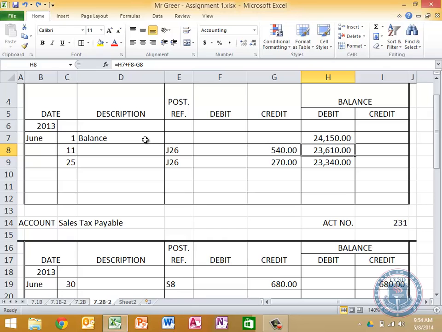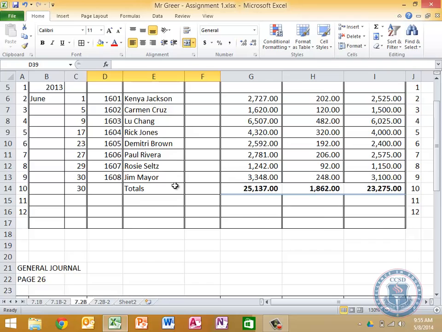So sales tax payable. Oh, we didn't do our ending balance. So our ending balance on June 30th, we're going to bring over everything from our sales journal now. Is it a debit or a credit? From our sales journal. Right here.